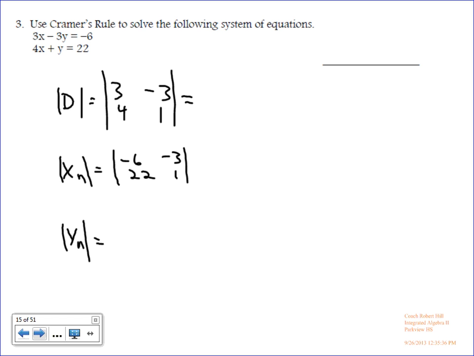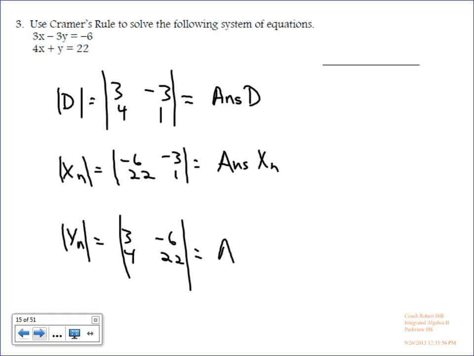To find your y numerator, you replace it with -6, 22 here. And then it's a matter of cross multiplying and subtracting. You'll get an answer for D, and you'll get an answer for x sub n, and you'll get an answer for y sub n.